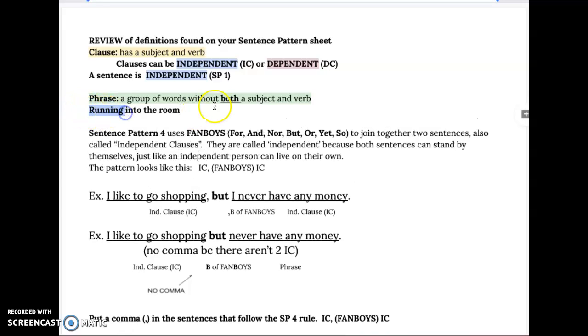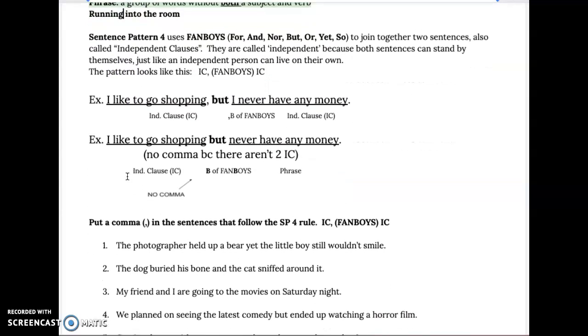Running could be a verb in a lot of cases. And if I were to say running into the room, notice that can't stand by itself. But it's not a clause because it doesn't have what? Both a subject and verb. Okay, so phrase and clause, that's the difference. It'll make more sense as we go through and review some of this here.